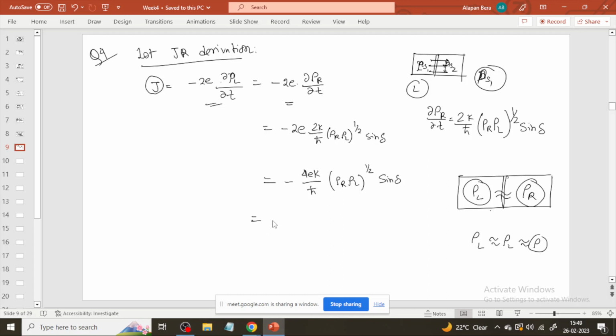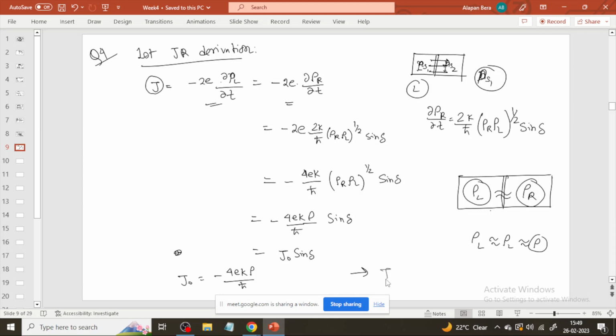If we now put this in this equation, what will we get? Rho square to the power half gives us rho into sine delta. This can also be written as J naught sine delta, where we have assumed that J naught is given by minus 4K rho by h cut.